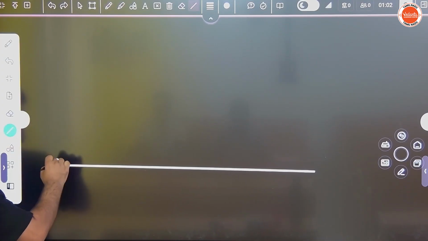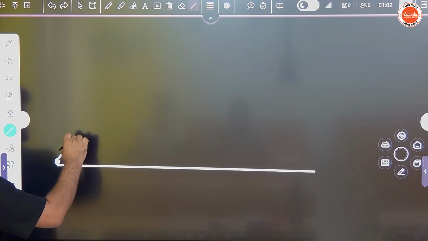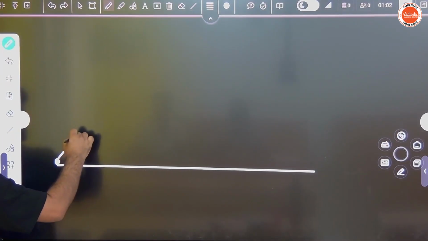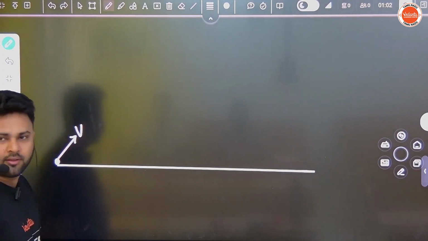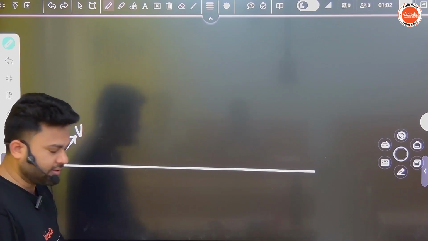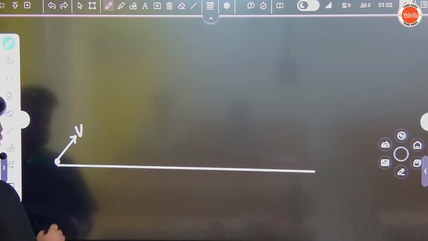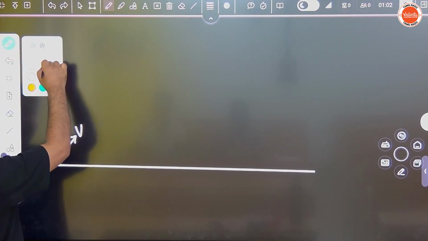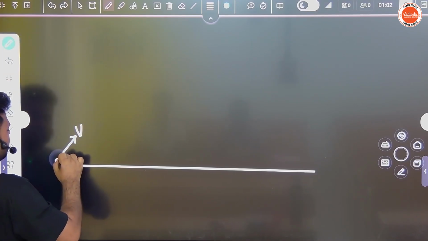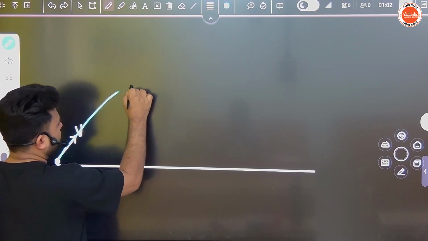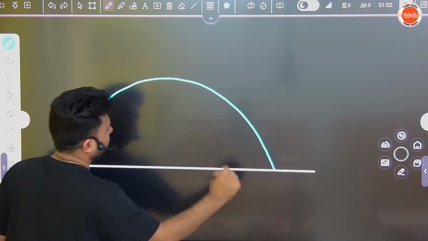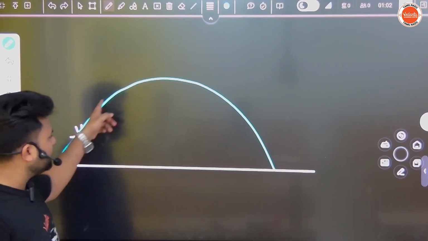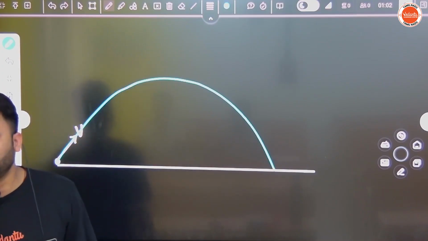You kick the football in this direction with some velocity V. So this football will go like this. This is called projectile motion or motion in 2D.